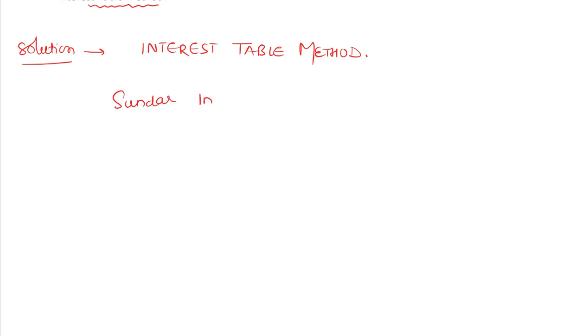Solution. Interest table method is the first method. Sundar in account current with Beauty.